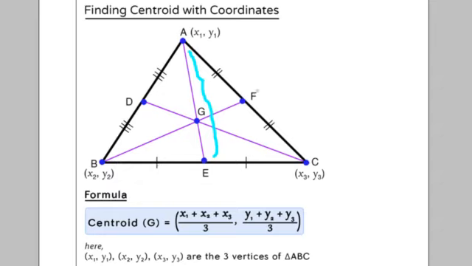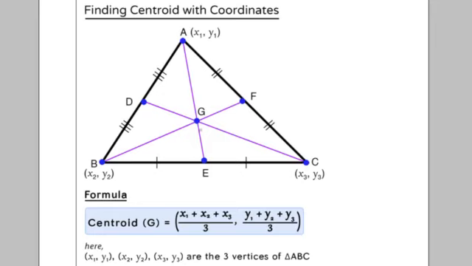Similarly, BF bisects the side AC into two equal halves, and CD divides the side AB into equal halves. So G is the centroid of the given triangle.